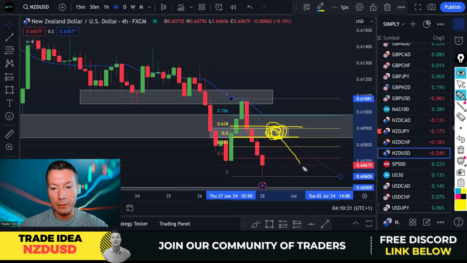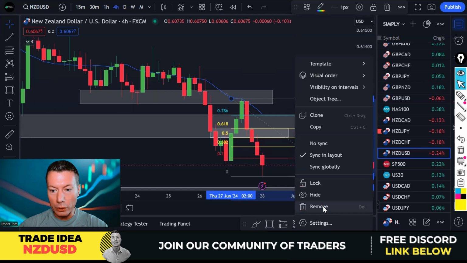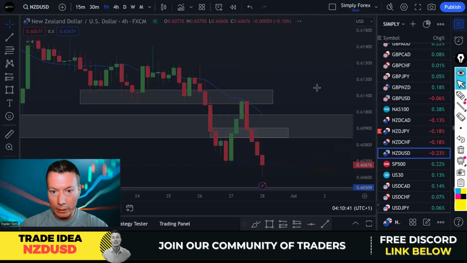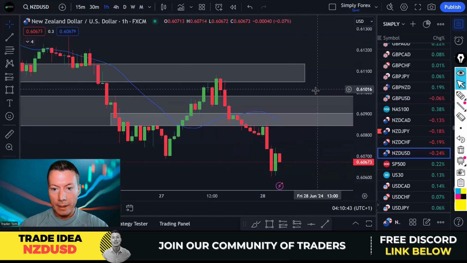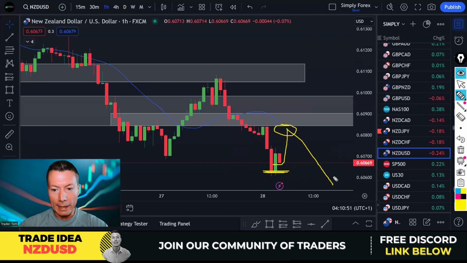So in here could be a really nice level. If we get a bearish reaction, we can start selling. So we're looking at New Zealand dollar US dollar there as well. Let's take a quick look at the H1. There's no value in selling down here. We need a retrace into here somewhere, a bearish reaction, and then we start selling.